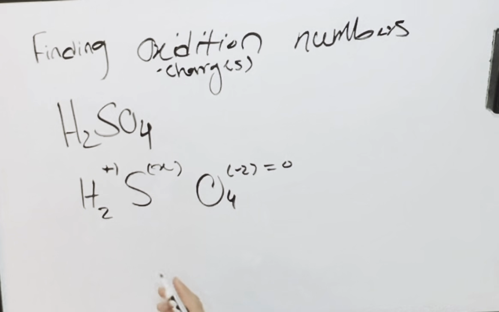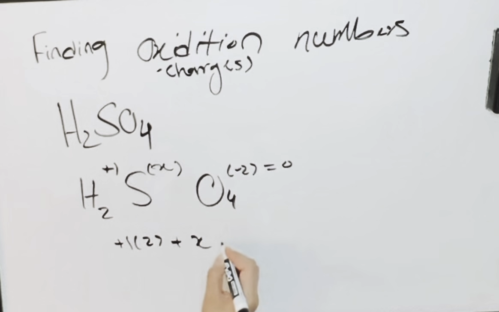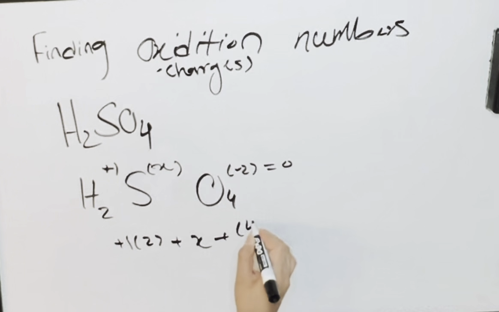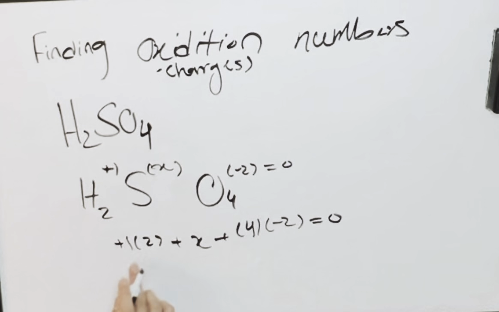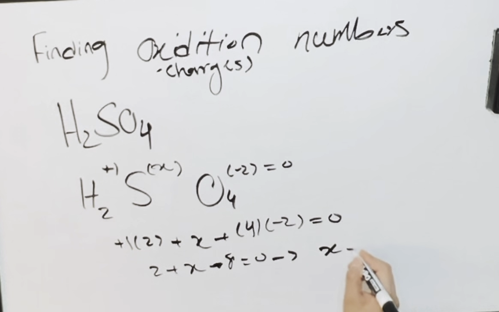First we need to multiply these two: +1 times 2 plus X plus 4 times -2 equals 0. So 2 plus X plus -8 equals 0. And 8 minus 2 is 6, so X is equal to 6.